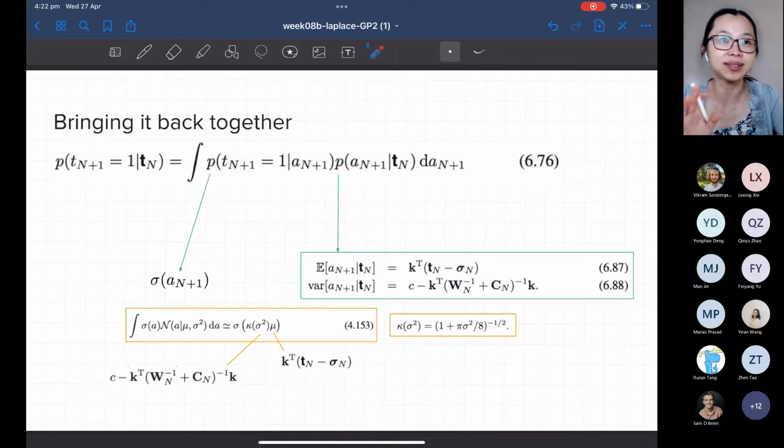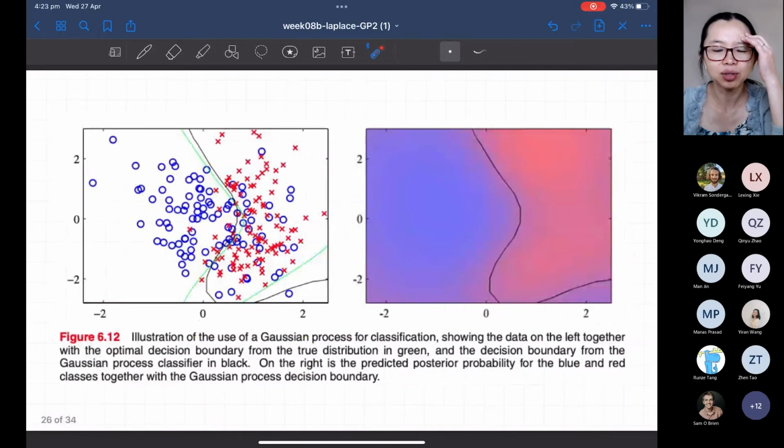Just know that you could approximate this in reasonable precision with another function, basically sigmoid times a kappa function, which is essentially the normalizer between the approximated probit and sigmoid. It's a function of sigma squared for this Gaussian component of this integral. It's not super intuitive, but hopefully the picture helps.